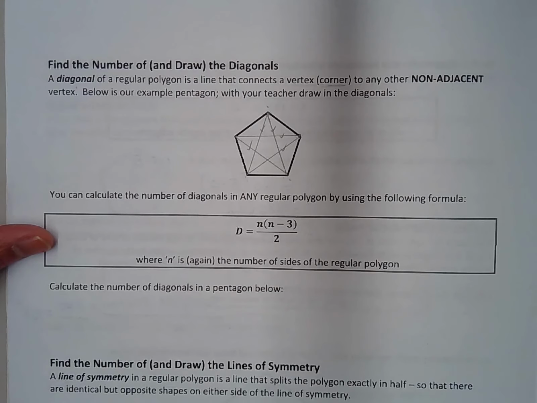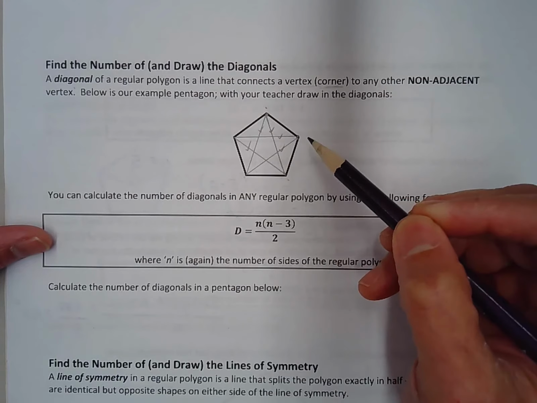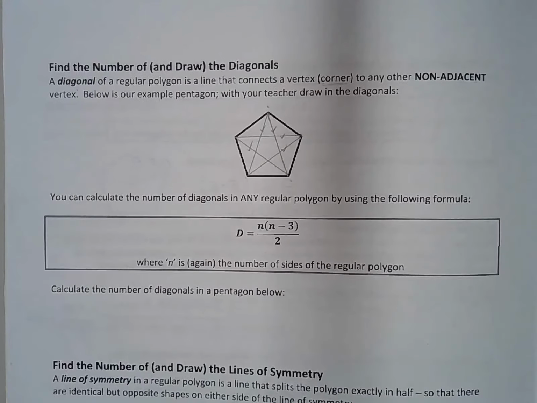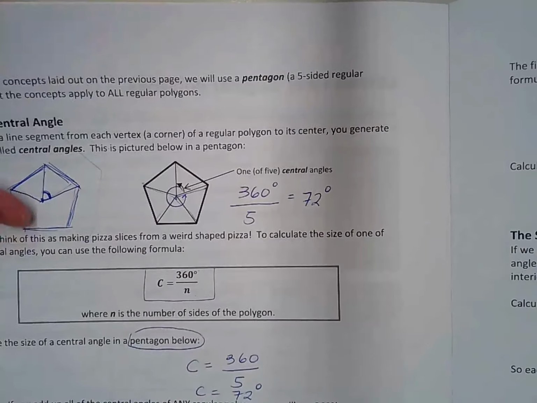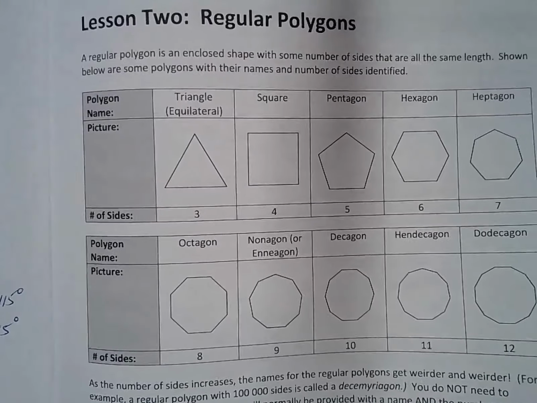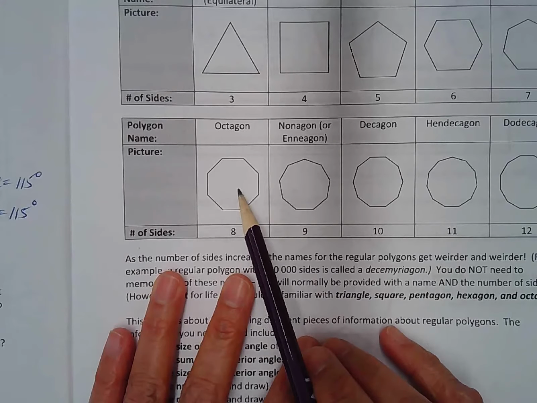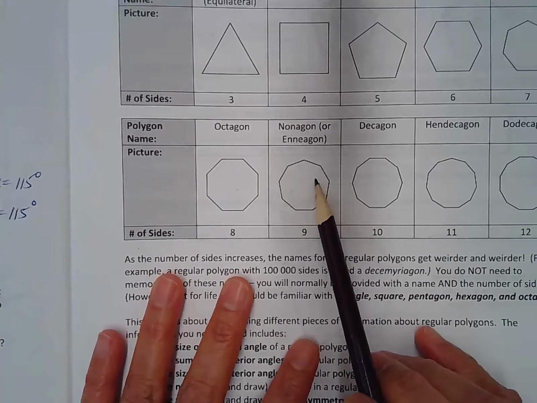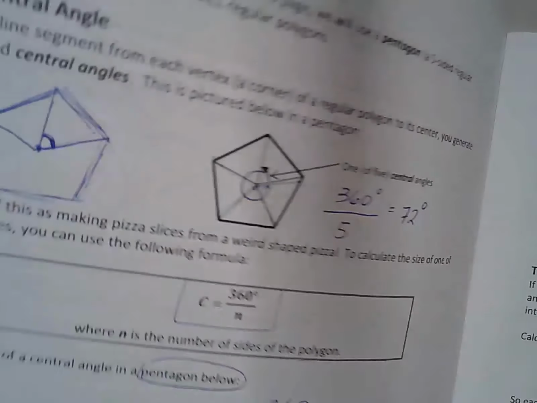Okay, now this is not bad. We can create it and count them. But can you imagine creating the diagonals for an octagon, or a nonagon, or when there are more vertices? It's going to be a lot.